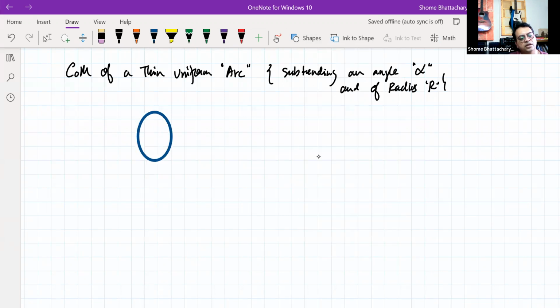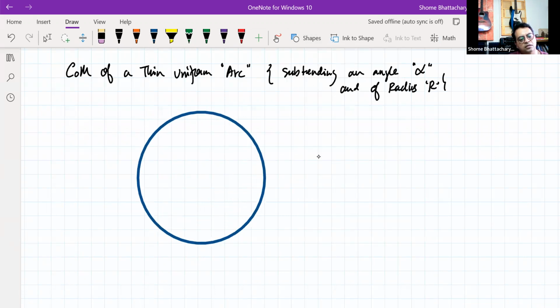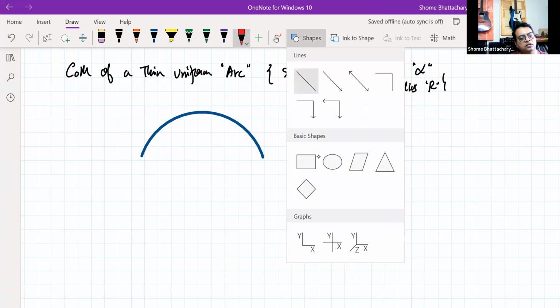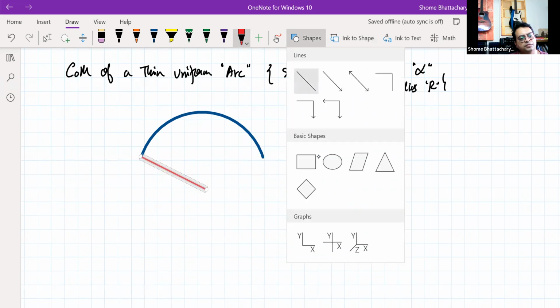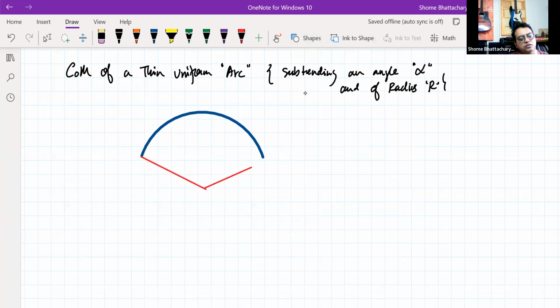Instead of cutting it into an exact half circle, suppose we have sliced it like this. Join it with the center of curvature, which is, say, over here. You can see that it's subtending some angle which is more generic. So then we have to again do a similar integration.